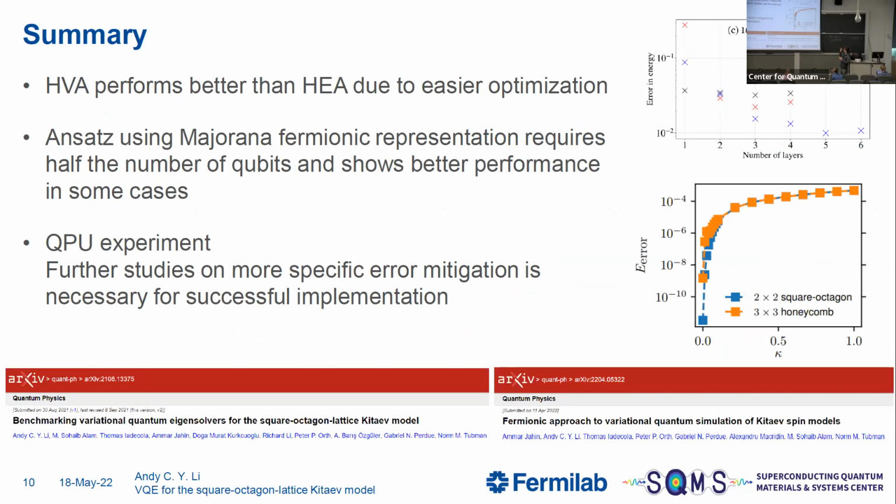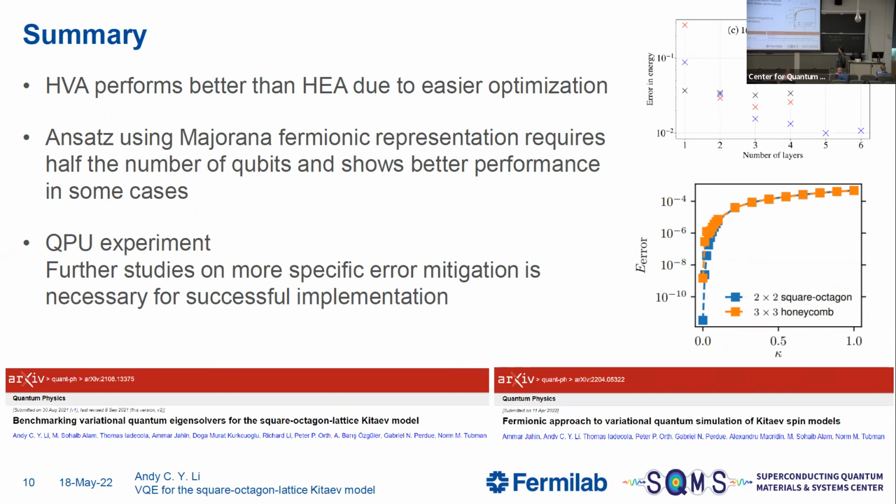So if we just look at the HVA, we can tell that HVA is probably easier to optimize, because we take some model information into the ansatz, so we design an ansatz that has some information about the model that makes it easy to optimize. But it's still not the best one.